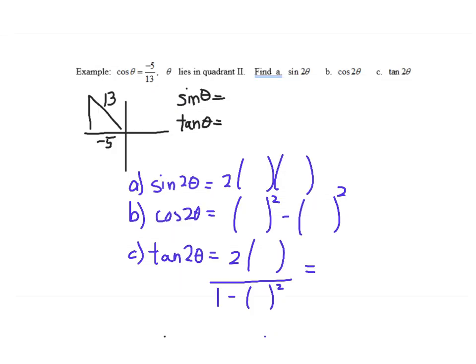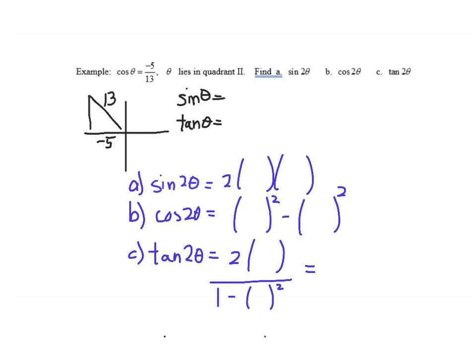Okay, so the first kind of problem that you'll have is one that starts with a triangle problem again. How do you recognize it's a triangle problem? It's if you're given a trig value and a quadrant. And remember, a trig value is always a ratio of two sides of a right triangle.